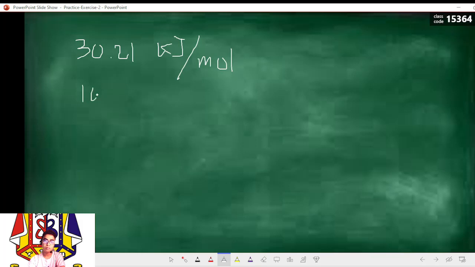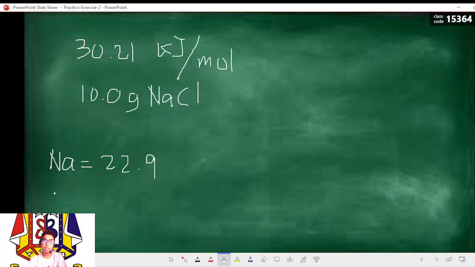We have 30.21 kilojoule per mole and 10 grams of sodium chloride. We need to get rid of the unit of gram to get the moles of sodium chloride, so we need the molar mass of sodium chloride. The molar mass of sodium is 22.9 and the molar mass of chlorine is 35.4.